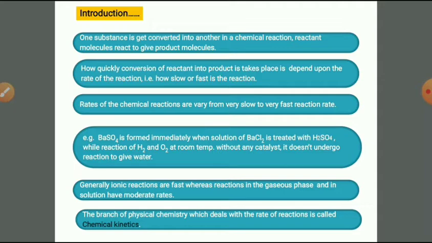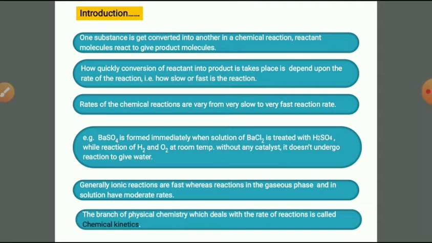That means barium chloride completely dissociates in the solution as Ba2+ and Cl-, and they interact with H2SO4 to give barium sulfate. So that is immediately formed. This comes under the very fast reactions.